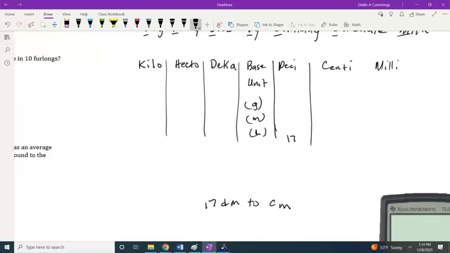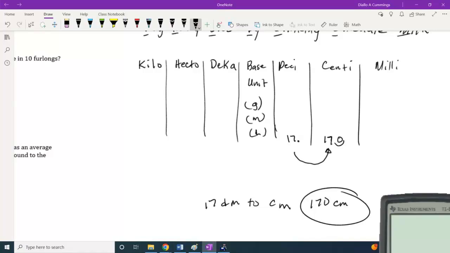If I want to move from decimeters to centimeters, that means I would have to move one place to the right. So in 17, the decimal is behind the 7. If I move that decimal one place to the right, 17 decimeters should equal 170 centimeters.